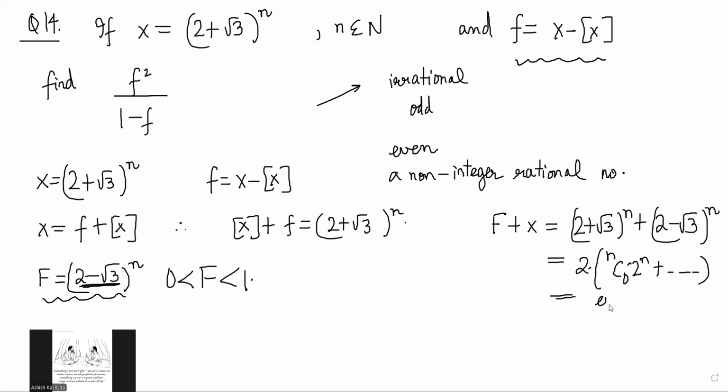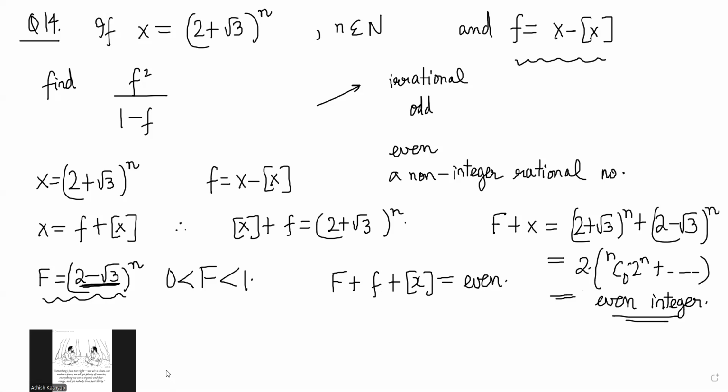So this is coming as an even integer. Now, it means that F plus small f plus gif of x is equal to even. We are getting this.